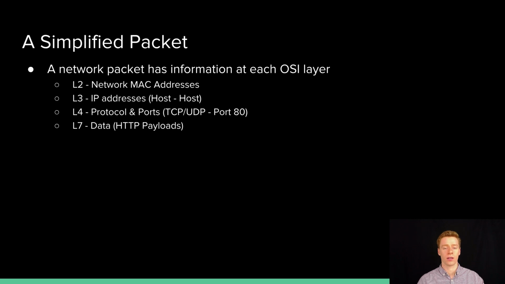Layer 3 is the IP addresses, so that's what we've assigned the devices, that 192.168. And then layer 4 is the protocol, so TCP, UDP, ICMP, and maybe what port it uses, like port 80 for HTTP, port 443 for HTTPS. And then layer 7, which is our payload data.